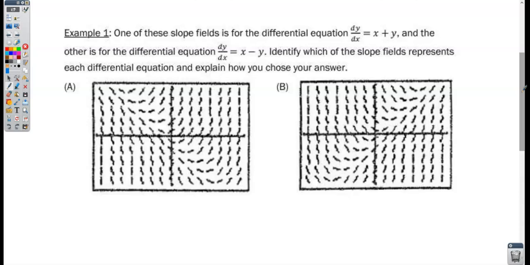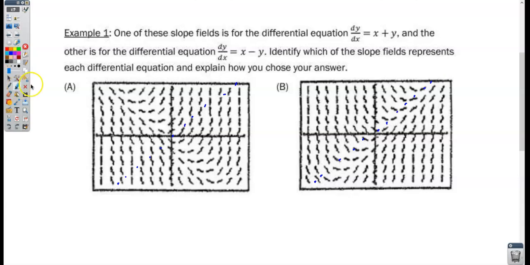Alright, now looking at this problem, I think about points along the diagonal y equals x. And what should happen to points along those diagonals for the two different differential equations?